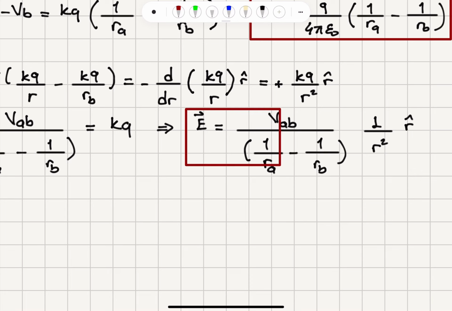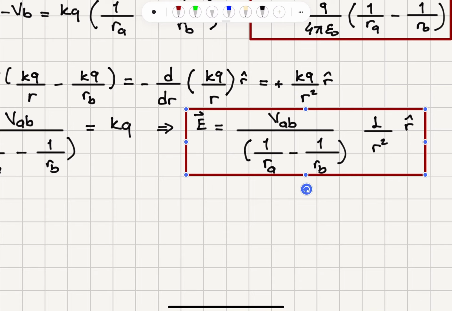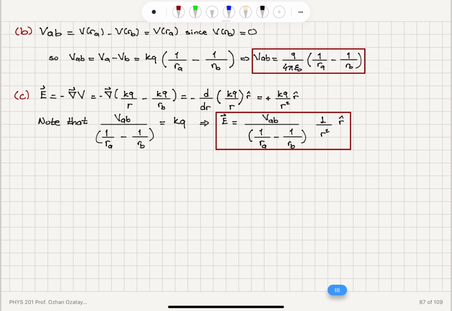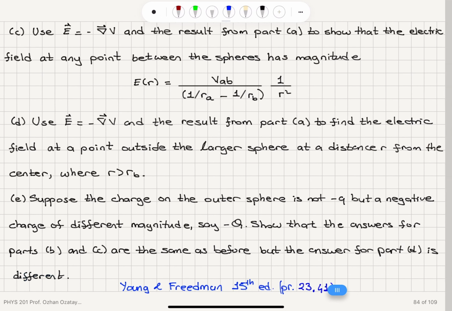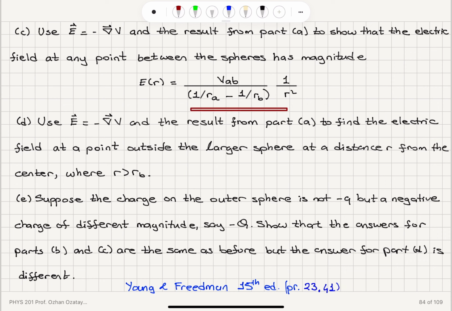So that's the electric field. This is what I was supposed to show in part C: that the electric field between the spheres has this magnitude.